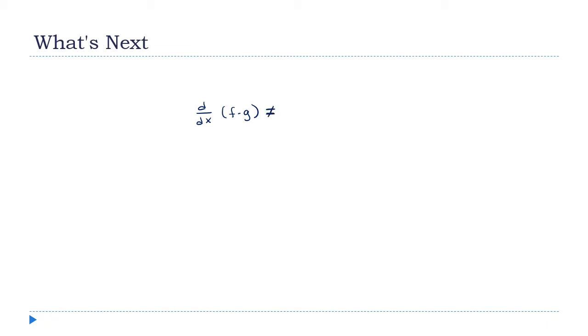This is not the derivative of f times the derivative of g. You cannot do this with a product. You also can't do it with a quotient. It doesn't work. Okay. We can do it. We've got some formulas. They're called the product rule and the quotient rule, but they are a little more complicated. All right, so that's what we're going to take a look at in the next lecture.